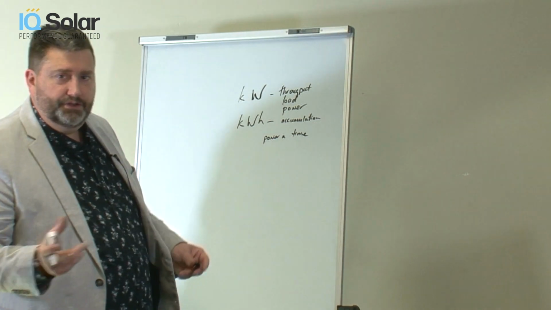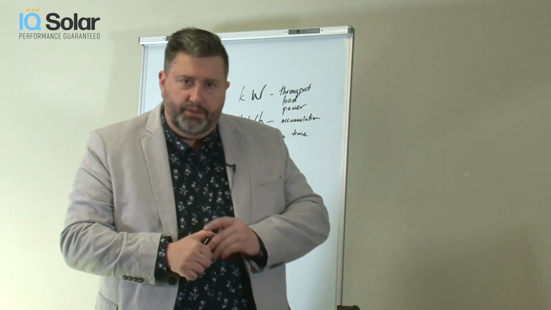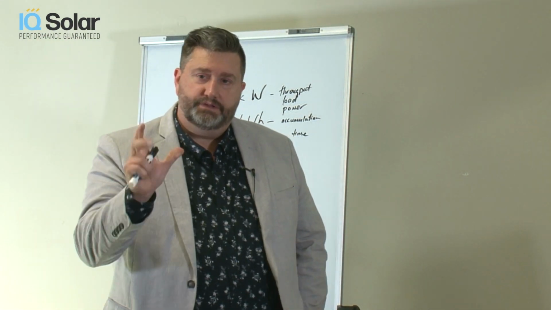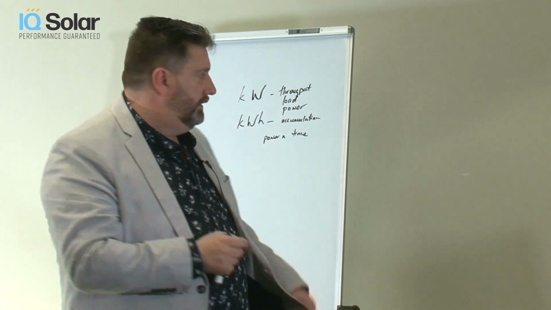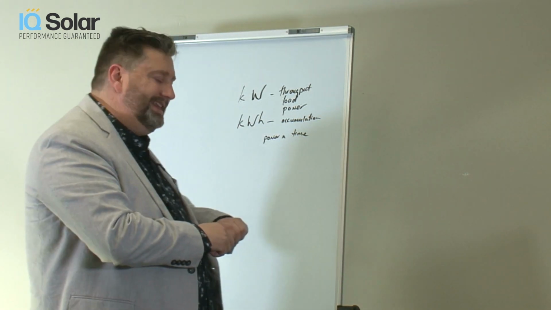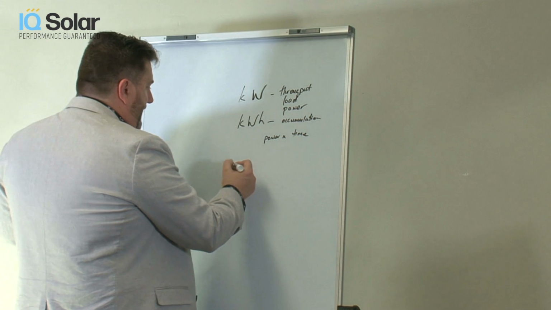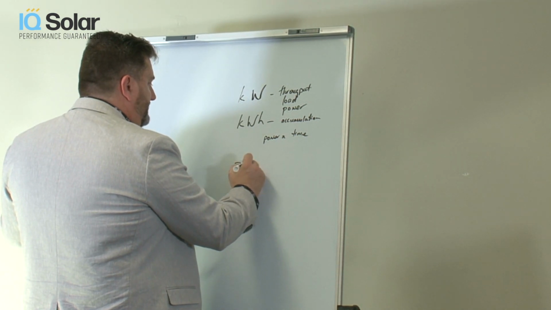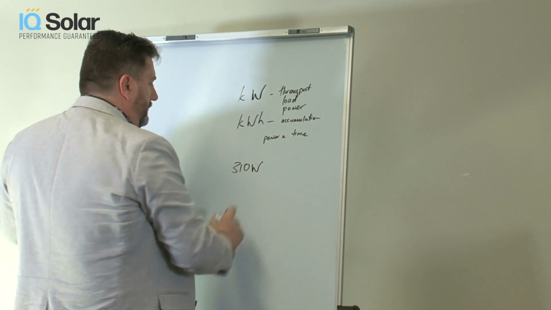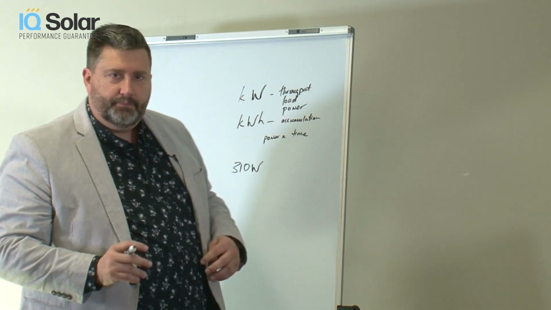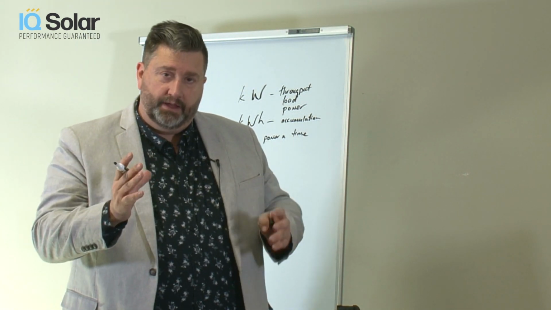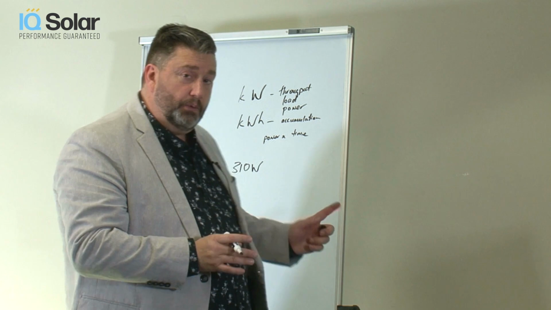With a solar system, you'll see this. The panels themselves are rated at a certain wattage. Each individual panel, you might get a panel which is 310 watts, for example, which means that it's capable of producing 310 watts.